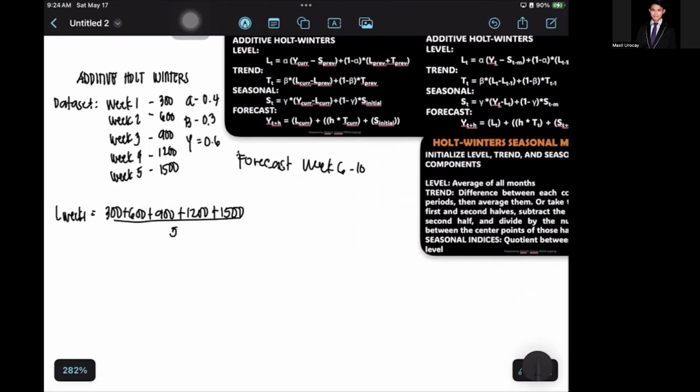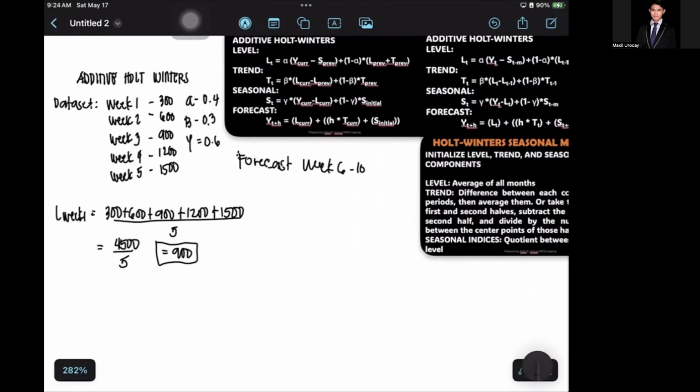There are 5. So the average is 300 plus 600 plus 900 plus 1,200 plus 1,500, that is 4,500, divided by 5, that is 900. So therefore, your level of week 1 right now for the initialized step is 900.